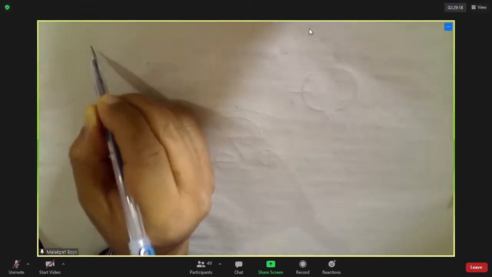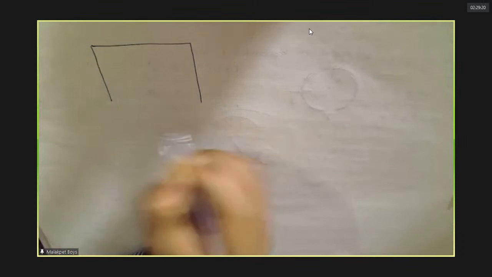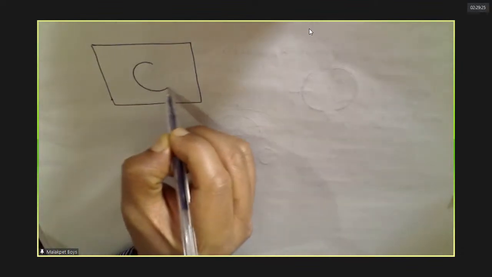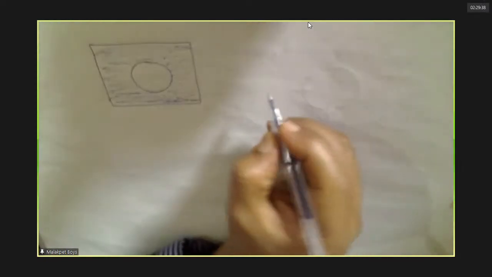So whenever there's a hole in a plate, there's a hole in a plate, no? When this is heated, what will happen?